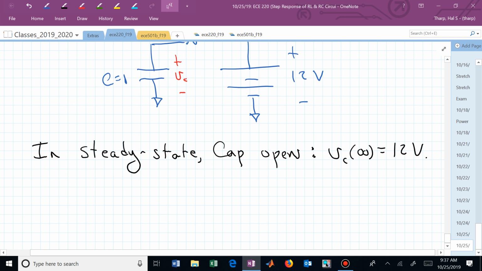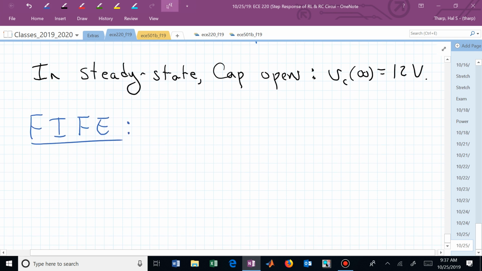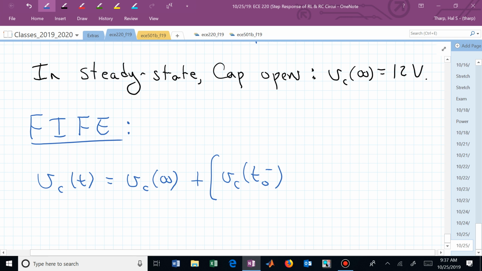That's now the F in phi phi. So now with phi phi, we can write down our result. We know that the capacitor voltage, V sub C of t, is the final V sub C of infinity plus the initial, that's the I in phi phi, V sub C, and in this case our initial is just to the left of the switch happening.